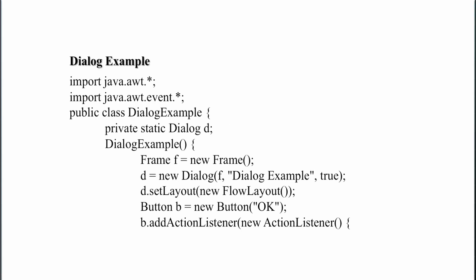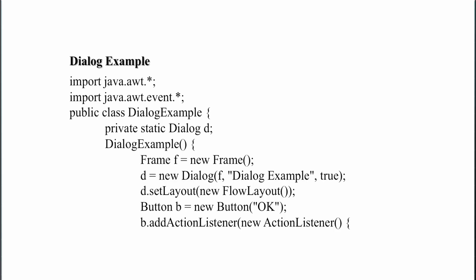Then next is the dialog box. How to create a dialog box? Again we reserve some space for a frame and we title it dialog frame, and the default layout is flow layout. We create a button named OK.